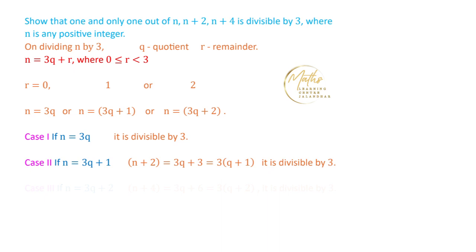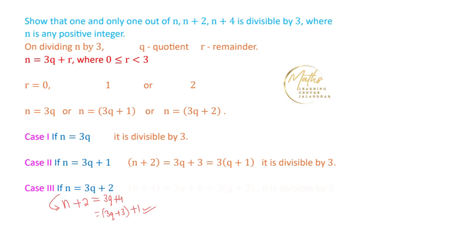And the third case is if n is equal to 3q plus 2, then this n is not divisible by 3. Also n plus 2 will not be divisible by 3. If we calculate the value of n plus 2 in this case, we obtain 3q plus 4, which you can write as 3q plus 3 plus 1. So this number is also not divisible by 3.